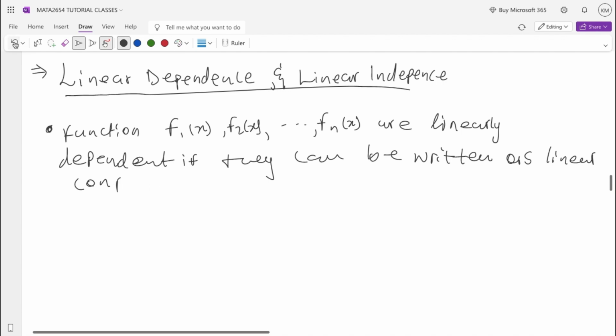I got the wrong spelling. Linear combination of the other.